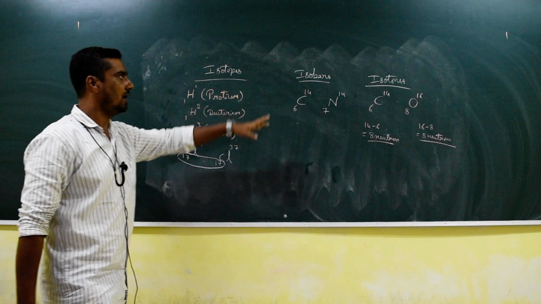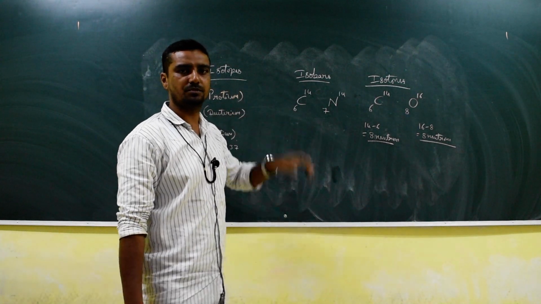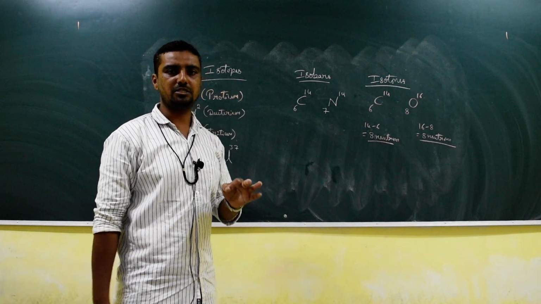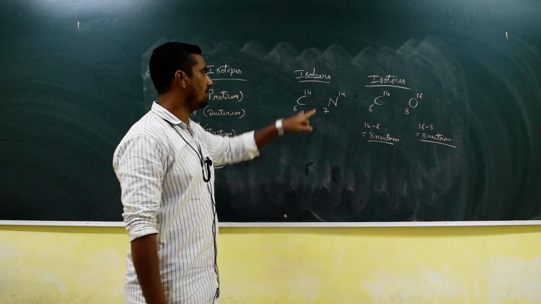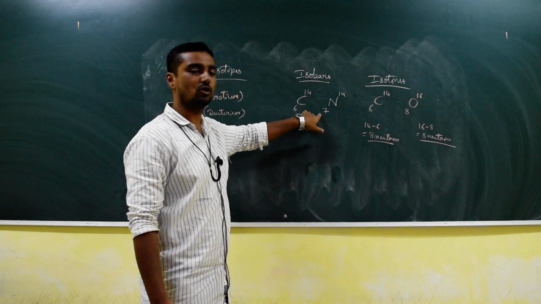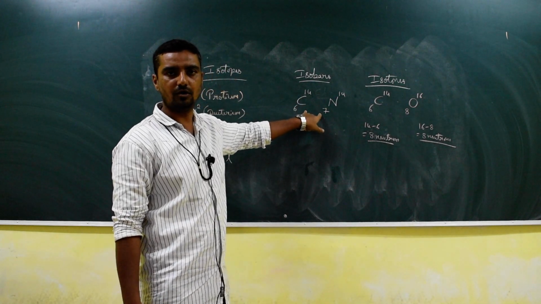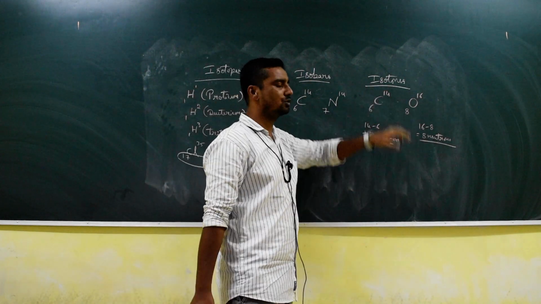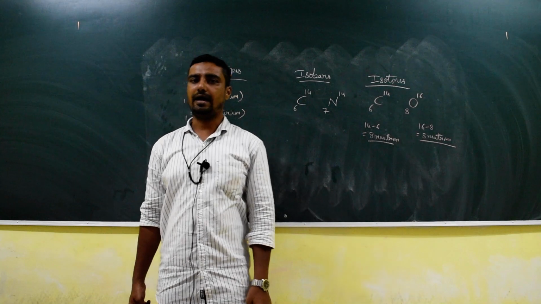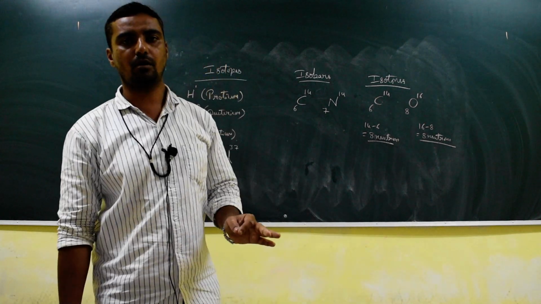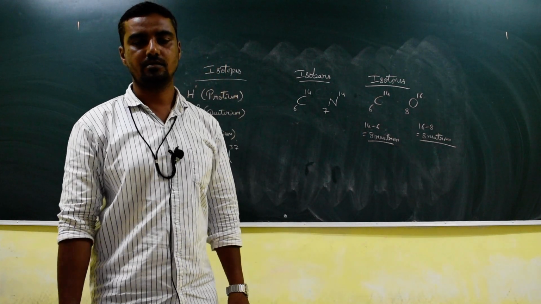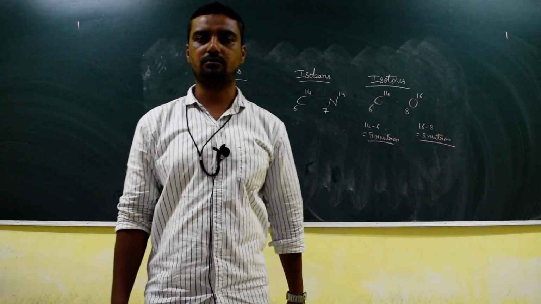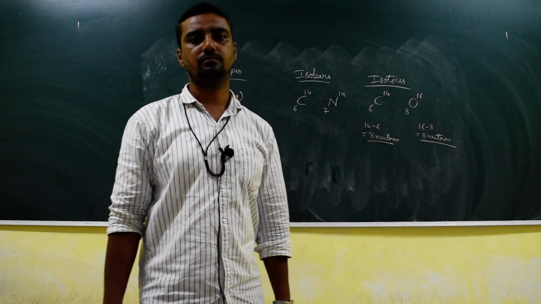Isobars are the reverse of isotopes: the atoms or species which contain the same mass number but different atomic number. If it is isotones, the atoms which contain the same number of neutrons are called isotones.